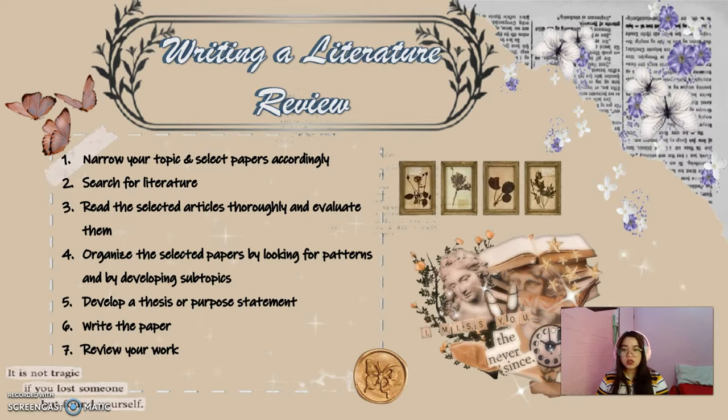Next is read the selected articles thoroughly and evaluate them. So in this part we need to analyze and synthesize the findings and conclusions of the studies. Note the methodologies, results, theories, and so on. Next is organize the papers by looking for patterns and by developing subtopics.